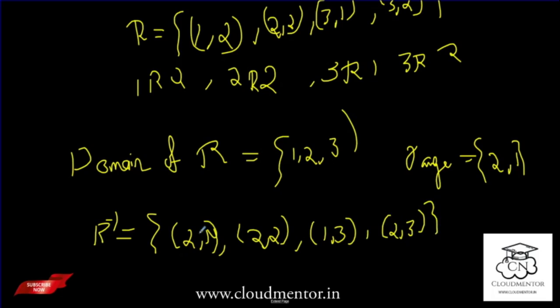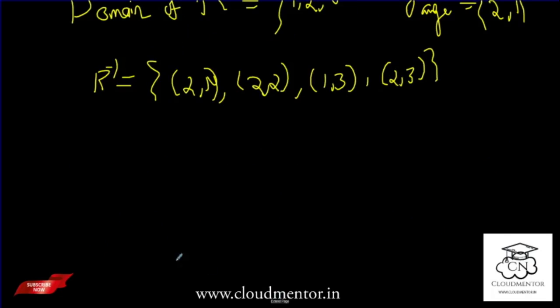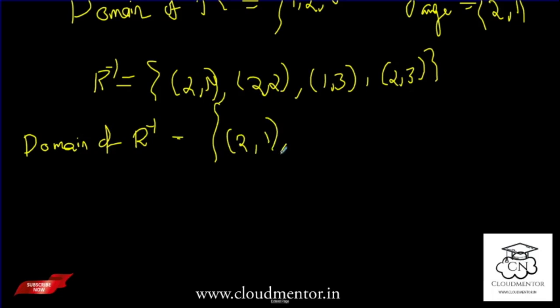Okay, now the domain of R inverse will be equal to set of ordered pair 2, 1, 2, 2.